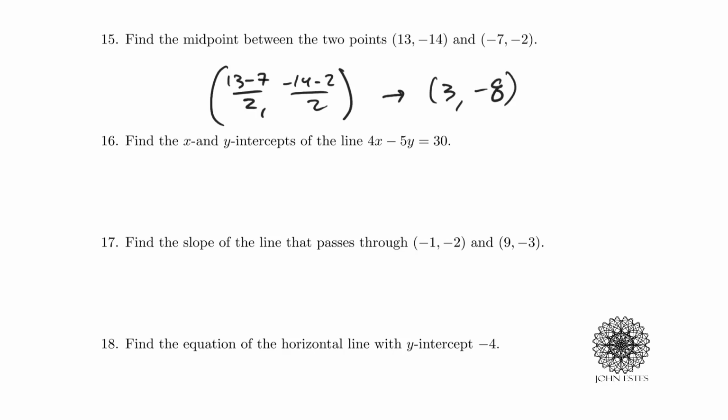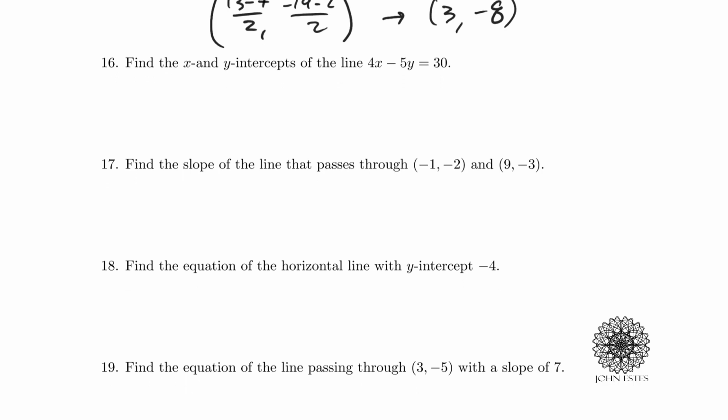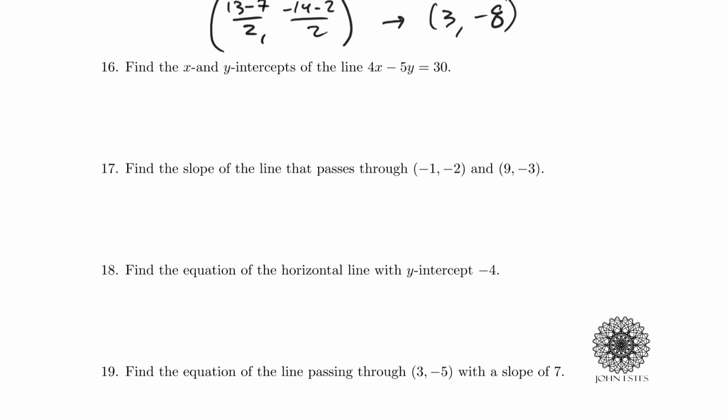And there it is. For number 16, finding the x and y intercepts of this line. For the x-intercept, we let y be 0. And so then I get 4x minus 0 equals 30, or x equals 30 over 4, or 15 halves. So there's your x coordinate.